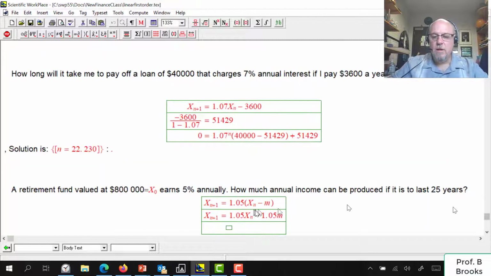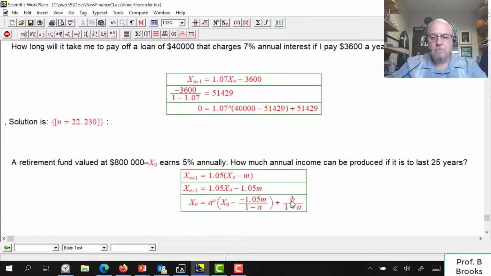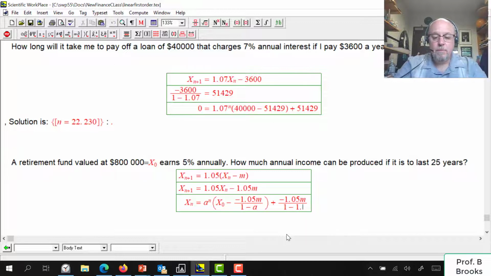See, without this solution, I'd have to play around with a spreadsheet and keep changing M and try to figure out when this, X of 25, ends at 0. So B is minus 1.05 times M. So I'm replacing in for B. A is 1.05, just matching, templating on my AX of N plus B formula.